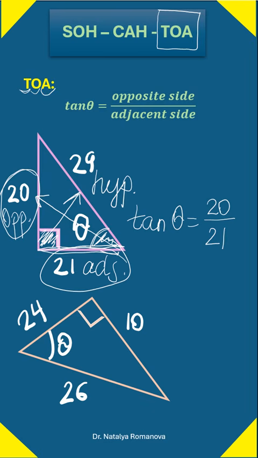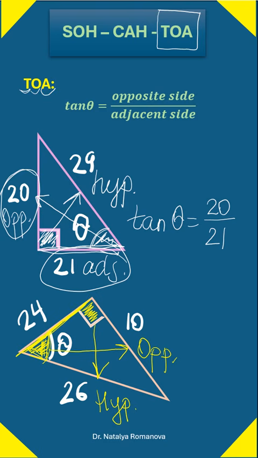Next example, we have a right angle here. The opposite side is 26, the hypotenuse. Now we focus on the given angle theta. The opposite side is 10, the adjacent side is 24. We can write tangent theta.